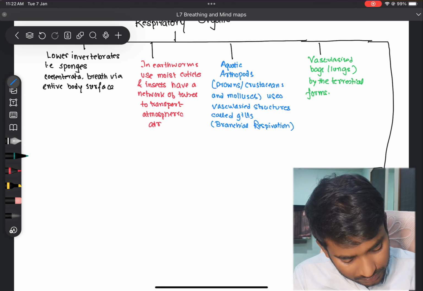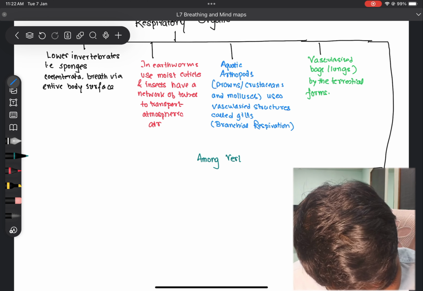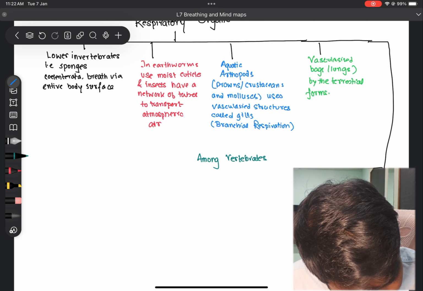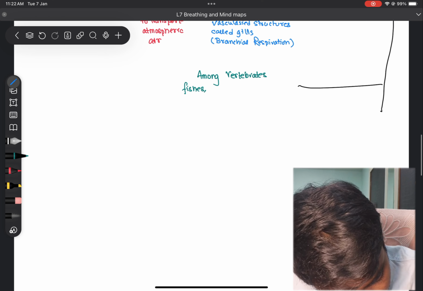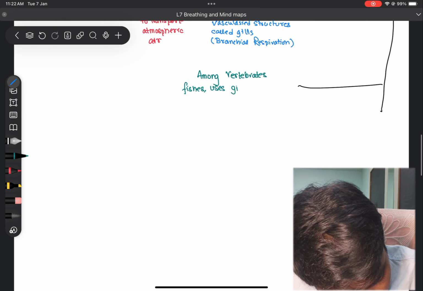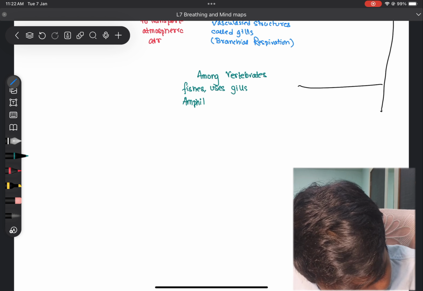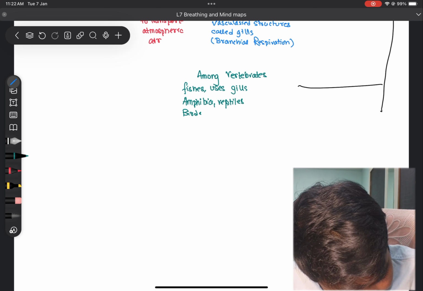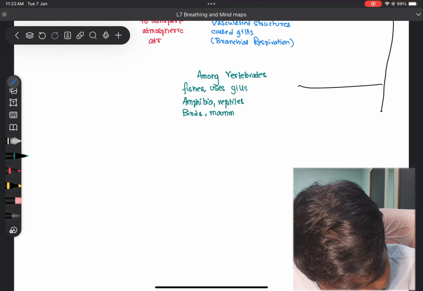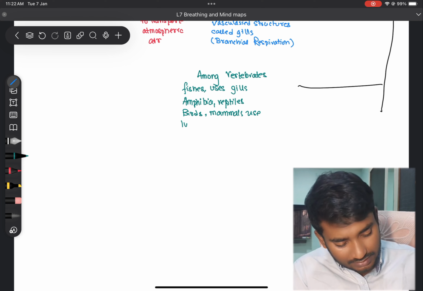Among vertebrates, fishes use gills, while amphibians, reptiles, birds, and mammals use lungs.